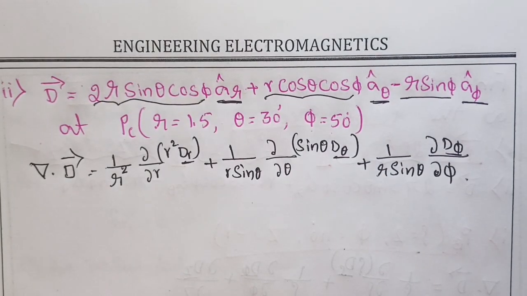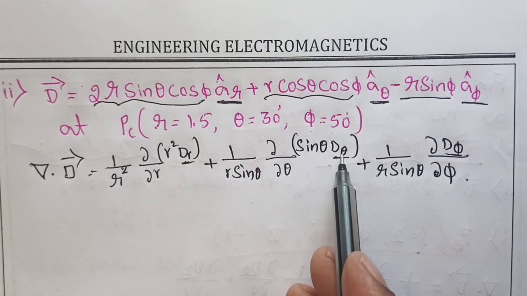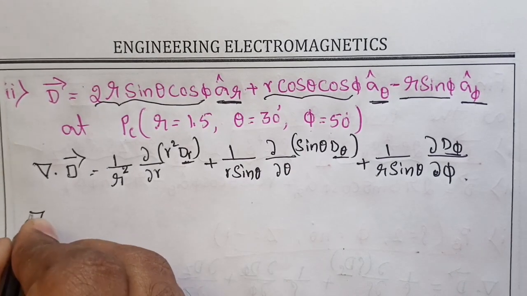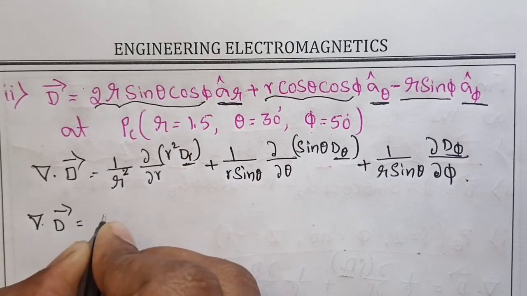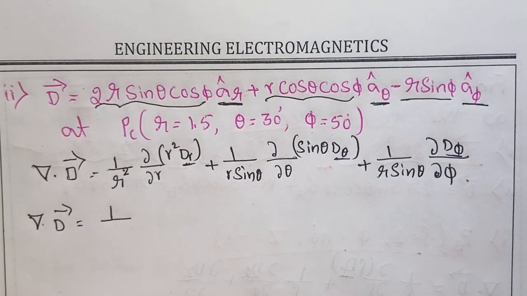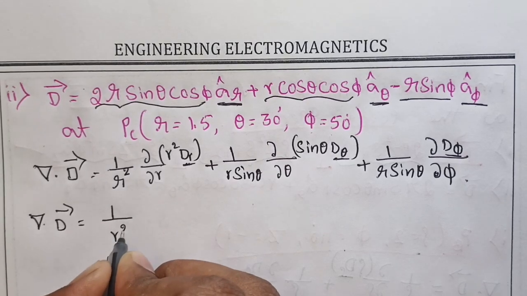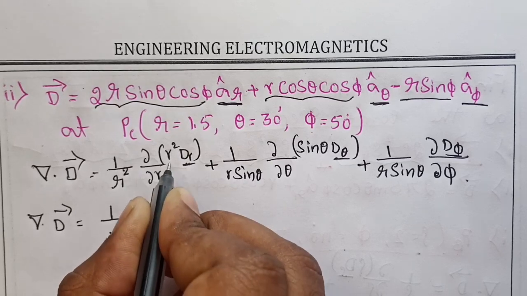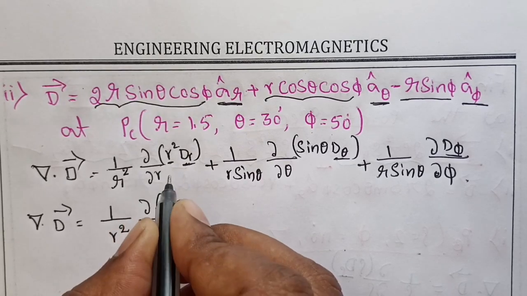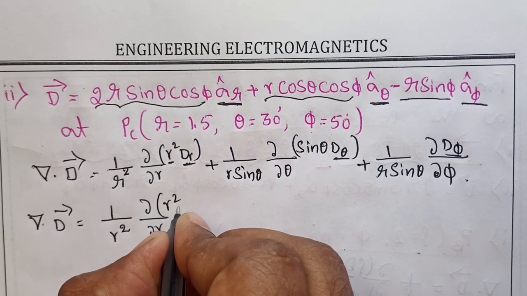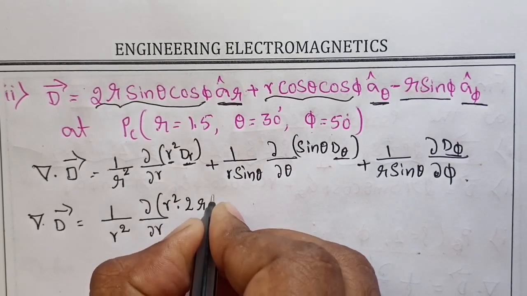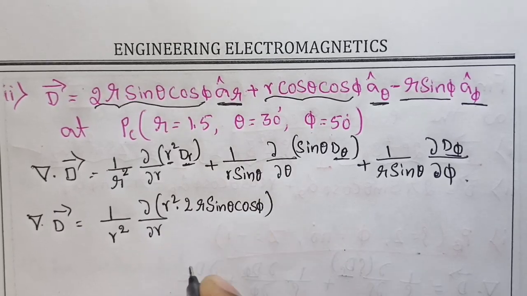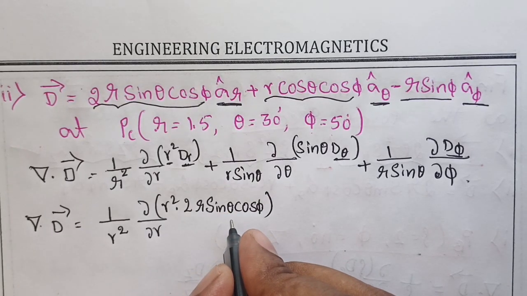So I want to substitute these in the place of D_r, D_theta and D_phi. Therefore, del dot D equals 1 by r square, I'll write it as it is, into dou by dou r of r square, and I'll substitute for D_r, that is 2r sin theta cos phi from the given problem.